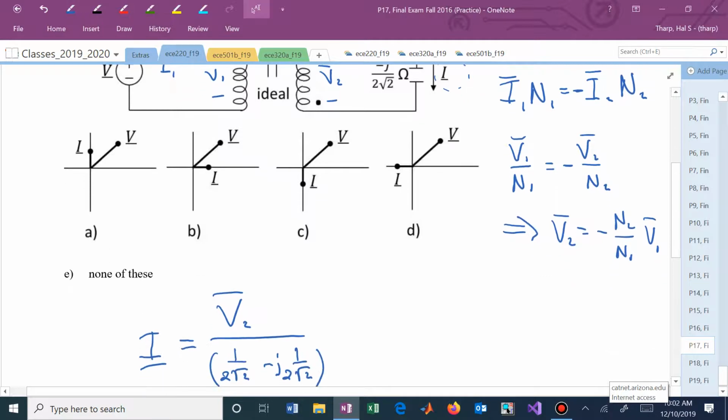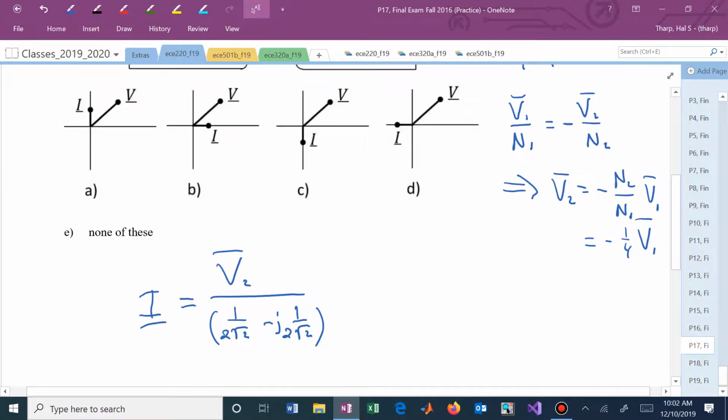Or V2 is now minus 1/4 V1. I can now say that this is minus 1/4 V, that's V1, over this kind of a mess downstairs.